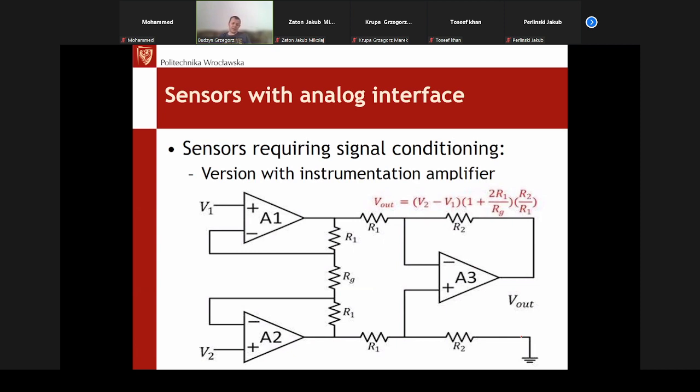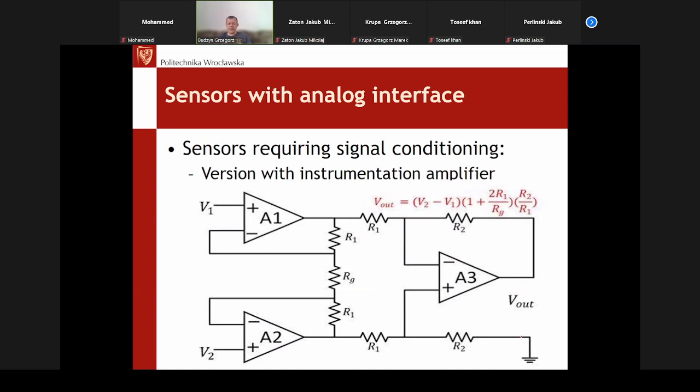This connection of the amplifiers delivers an output voltage which depends linearly on the difference of the input voltages, multiplied by some coefficients depending on the internal resistors of the instrumentation amplifier.